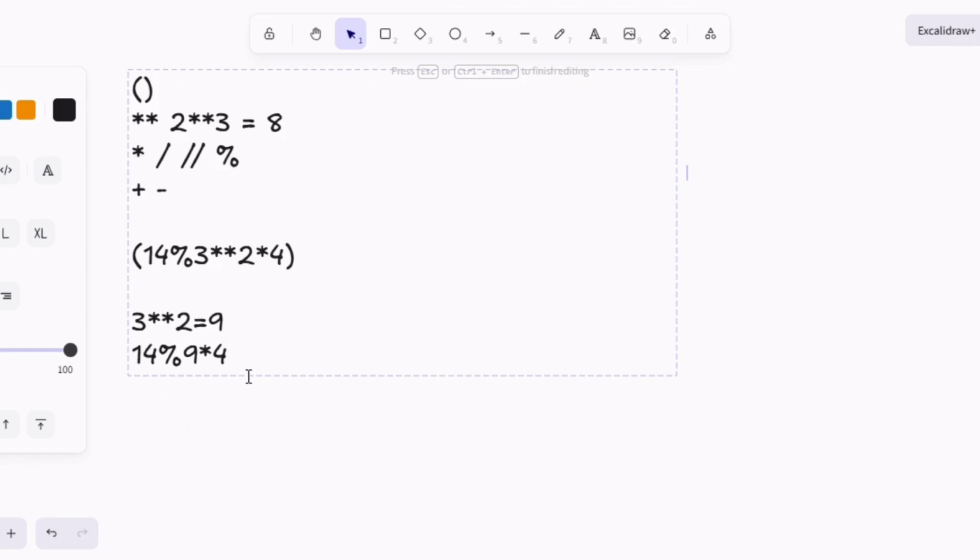So we will solve these left to right, right? What will be the answer? What will we solve first? We'll solve 14 modulus 9, which will give us 5, right? Next, we'll do 5 multiplied by 4. This is the last operation left. So the answer will be 20. Correct.